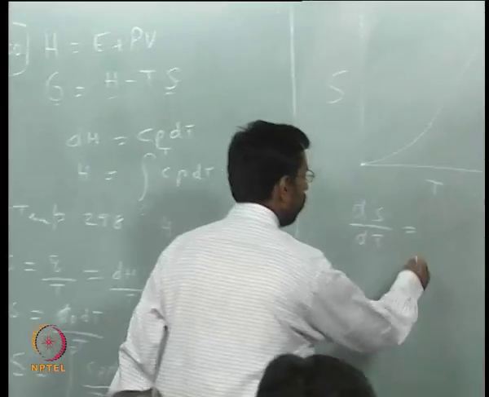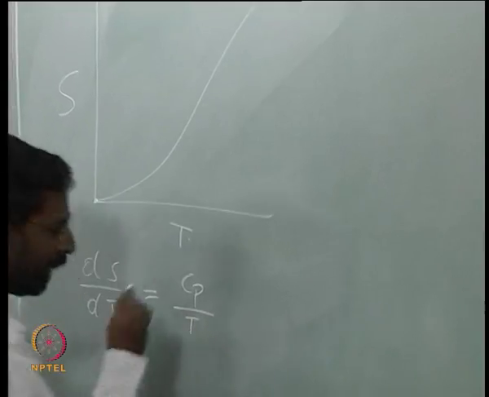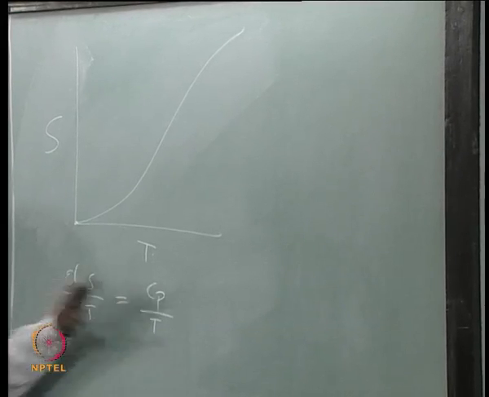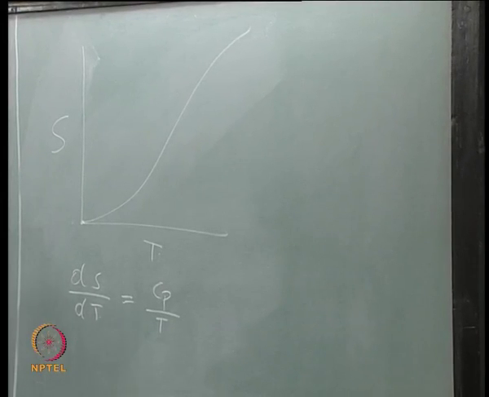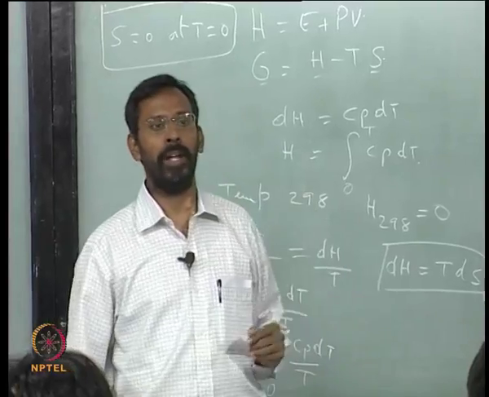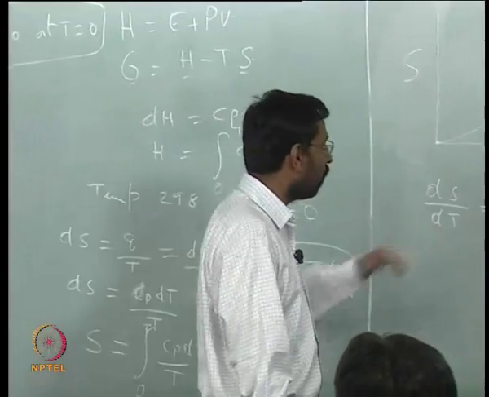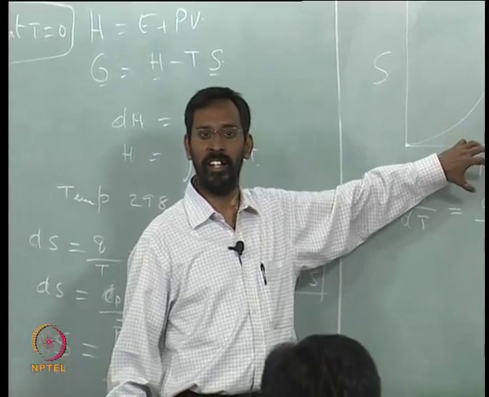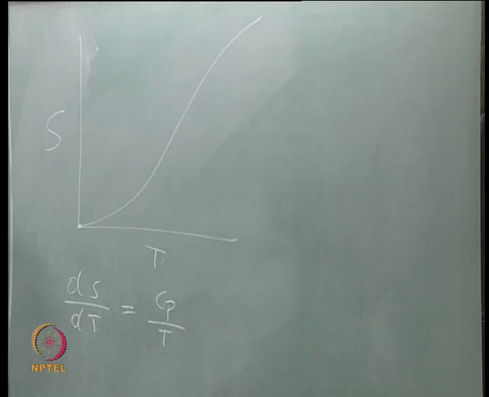Cp by T. Because it is Cp by T, in principle at very high temperatures this slope should come down as you increase the temperature, but there is a small hitch here, that Cp is also increasing with increasing temperature. If Cp was constant, then I can say the slope keeps on decreasing as the temperature increases.